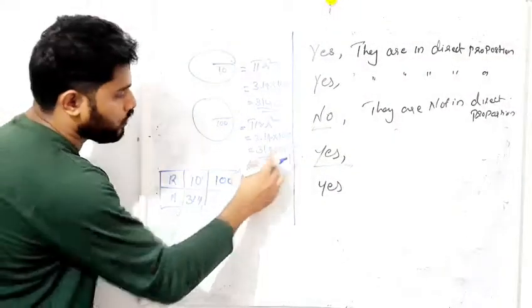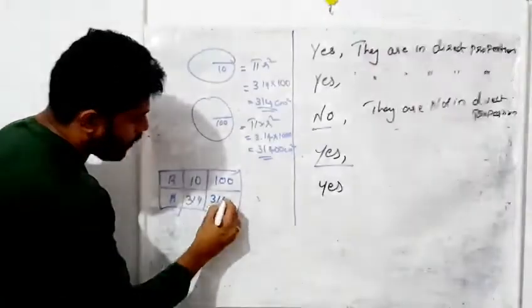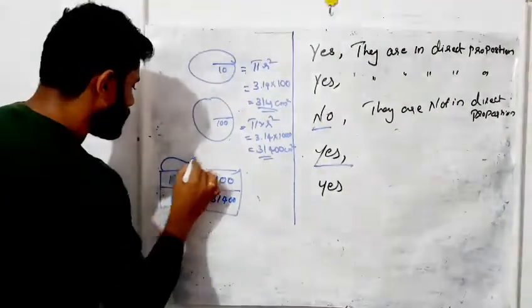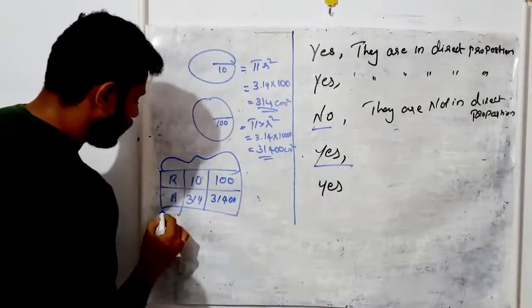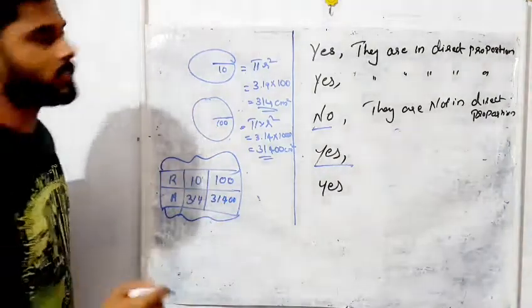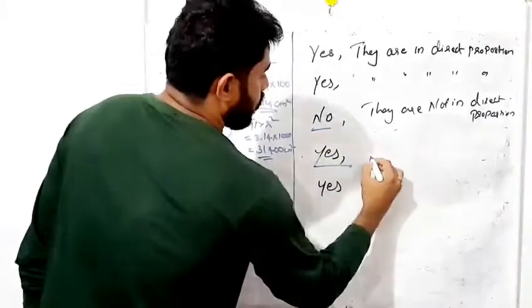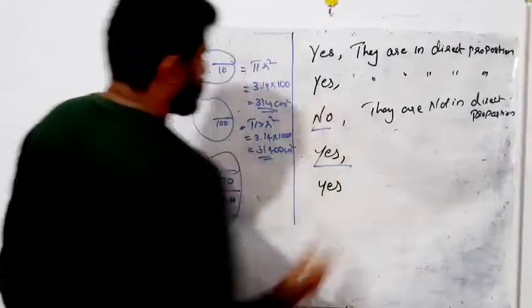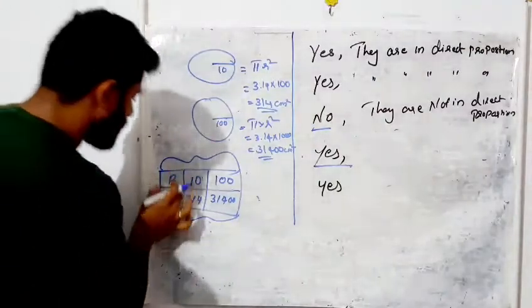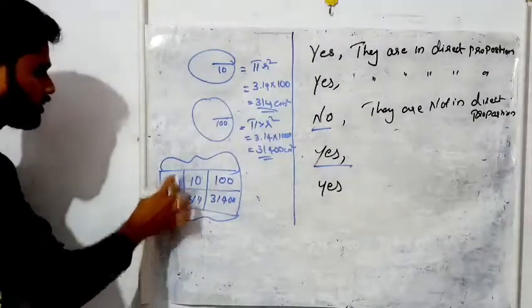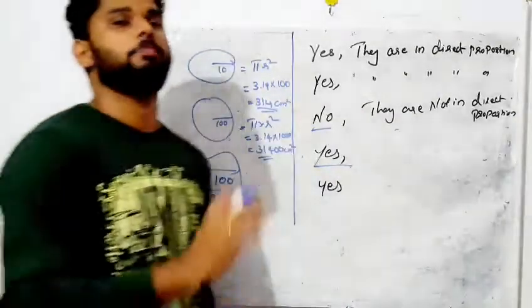So that time how much did we get? Area 31,400. So what happened when the radius is increased? Area also increased. That's why I wrote here, yes, they are in direct proportion. Radius and area, these two things are in direct proportion.